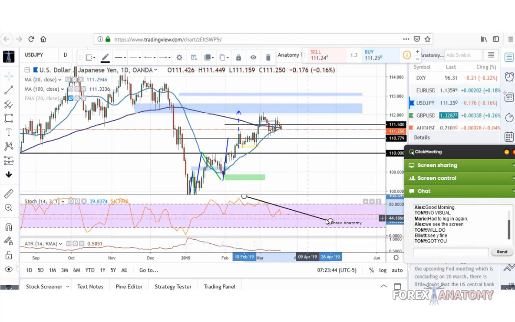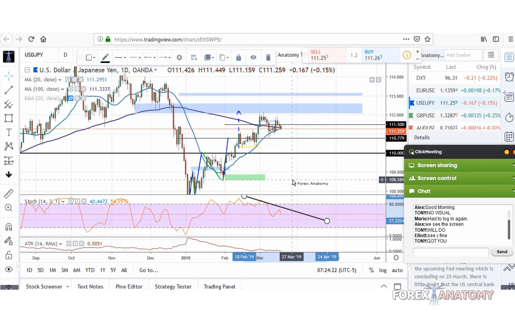In other words, when price is trending upwards, like in this case, we're seeing momentum start trending downwards, where you can draw a line between the consecutive highs and it's leaning to the downside. Whenever you see that, you know that momentum is shifting and that we could see a fall or dip in price. And that's exactly what we're seeing right now on the US dollar Japanese yen.